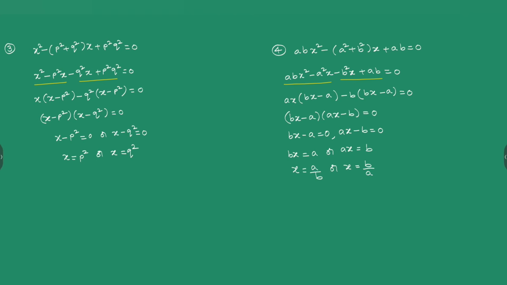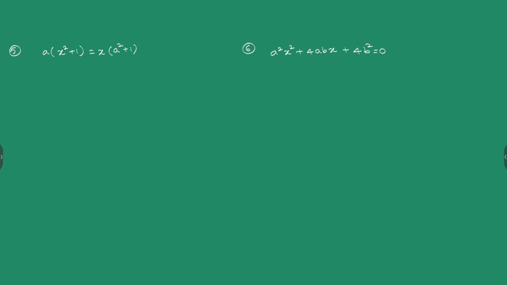Hope you understood this. This is another quadratic equation. So let's make it into standard form first. So it is a into x square plus a into 1 is equal to x into a square plus x into 1. Now let us transpose these two terms to the left side.